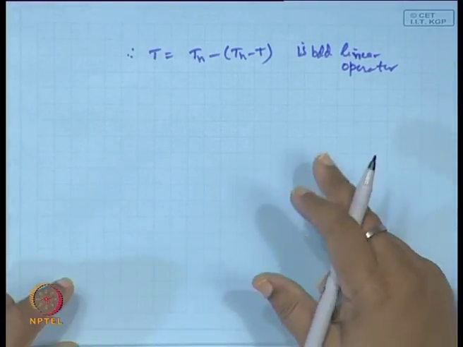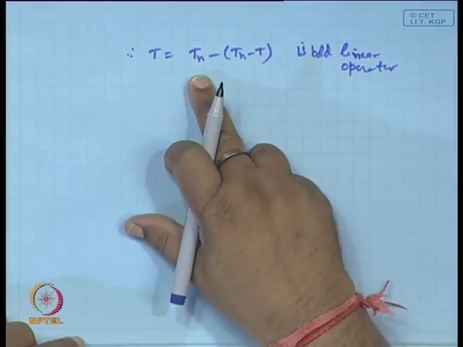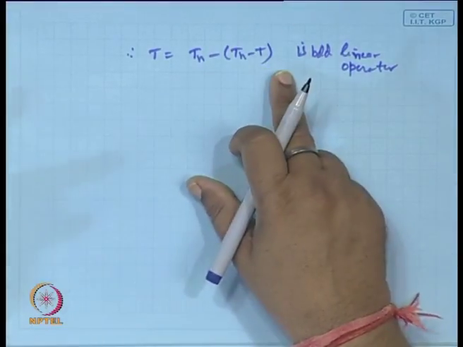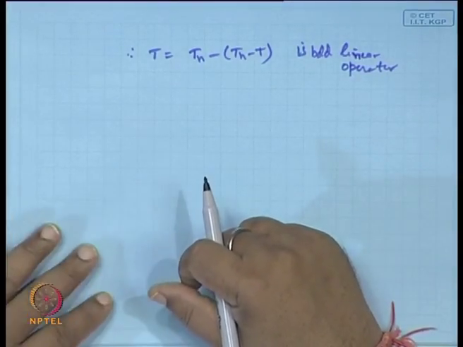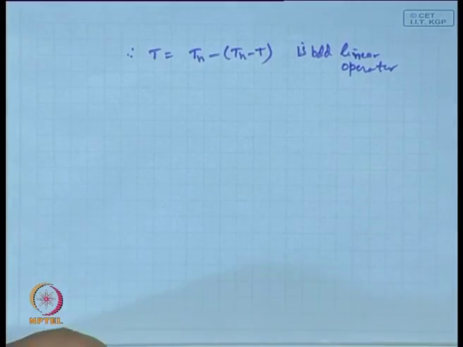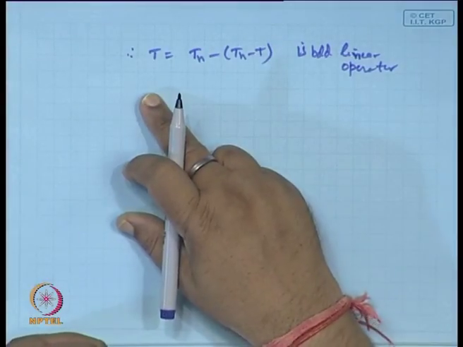This is a bounded linear operator, because this is bounded linear, and this is bounded linear. So it is a combination of two bounded linear operators, so T will be a bounded linear operator. Is it clear or not? So T is not only linear, it is also bounded.